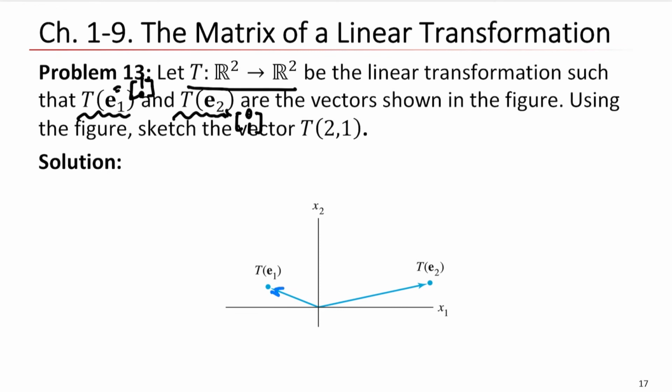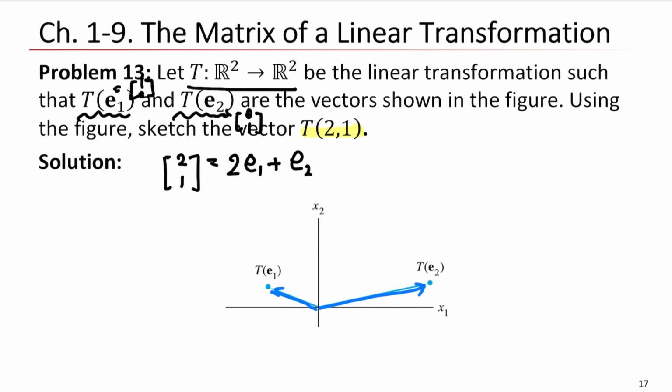Let's say T(E1) is something like this, T(E2) something like that. Using these figures, find the vector T(2, 1). Okay, so first of all, let's represent the vector 2, 1 as 2E1 plus E2, right? By definition.